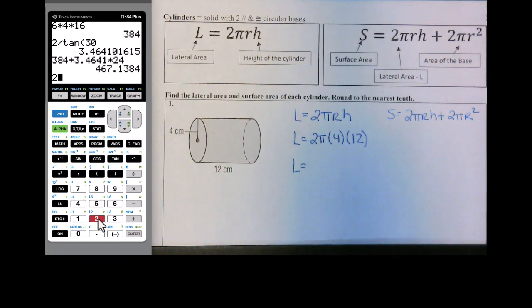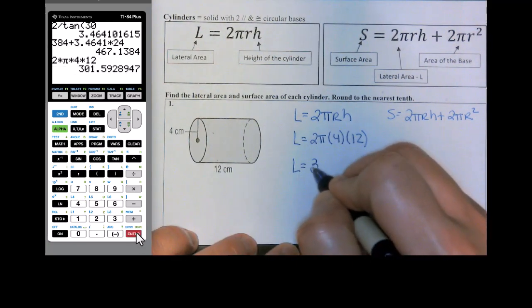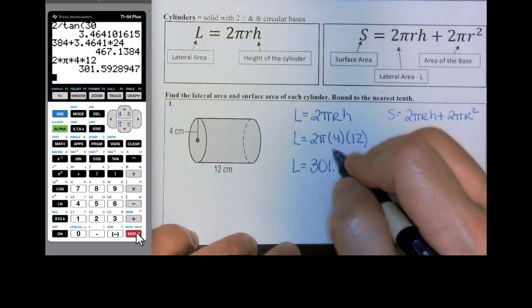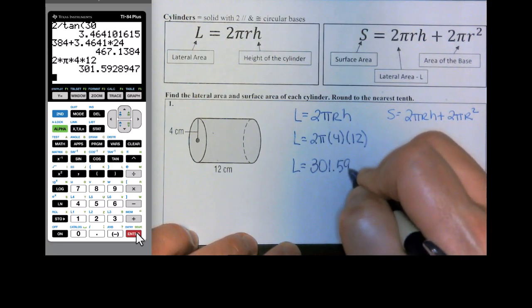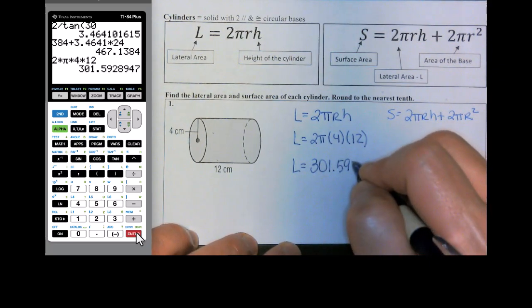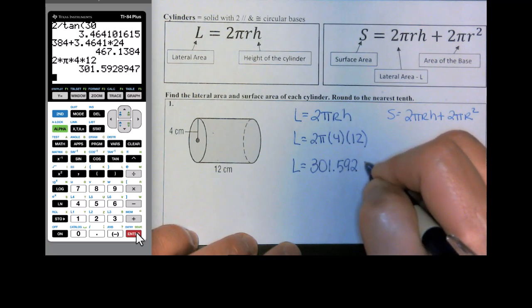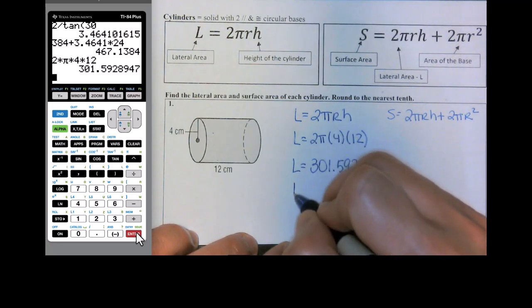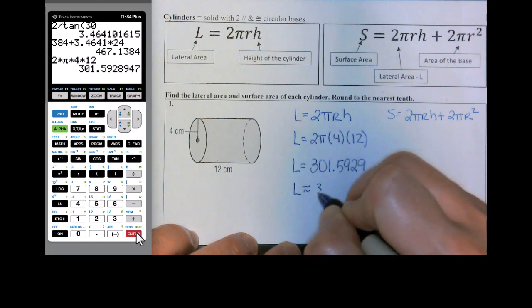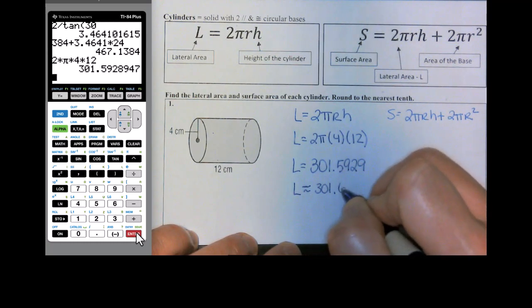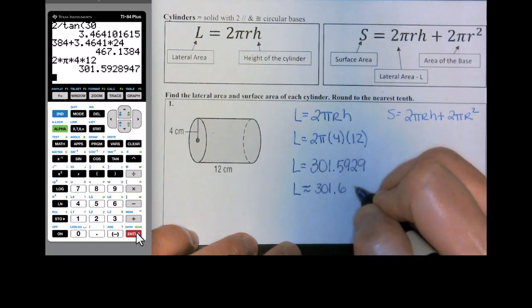So 2 times second pi times 4 times 12, and we get 301.5929, which rounds to 301.6 centimeters square.